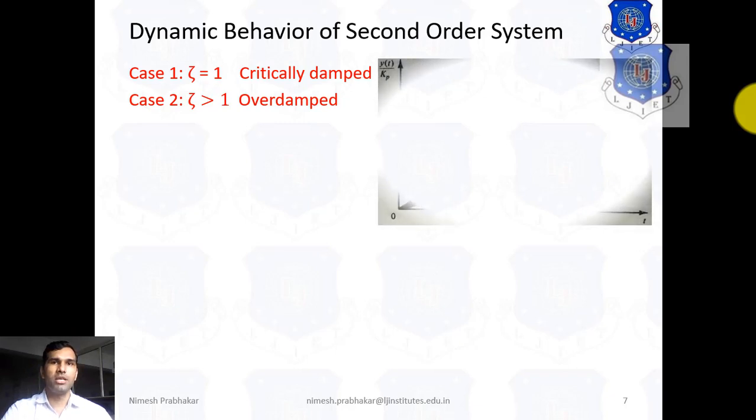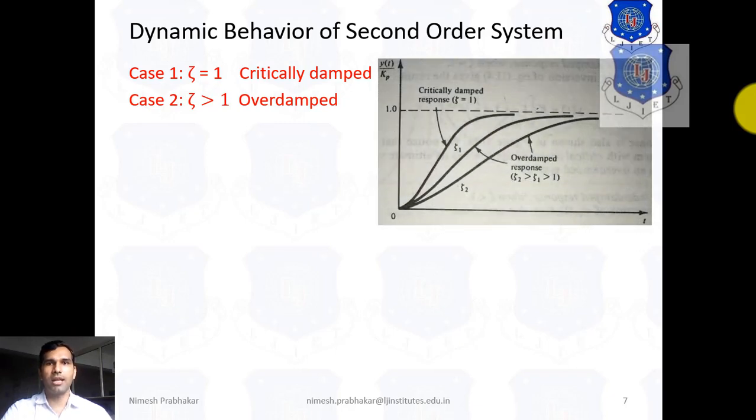See here, by using this graph, when the zeta value equals 1, this response is known as the critically damped system response. And when zeta is greater than 1, we can see this response is known as the overdamped response. This is a representation of zeta.